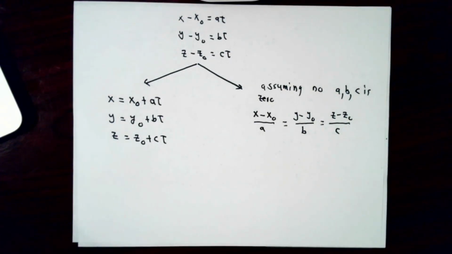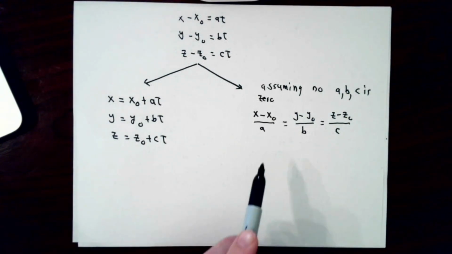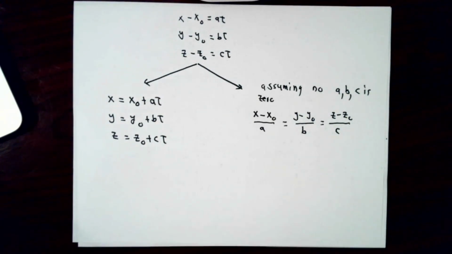This is what people sometimes call the symmetric form for the straight line. Notice that this is not one single equation that says a combination of the variables is, say, some constant. This says that three separate things are equal to each other.